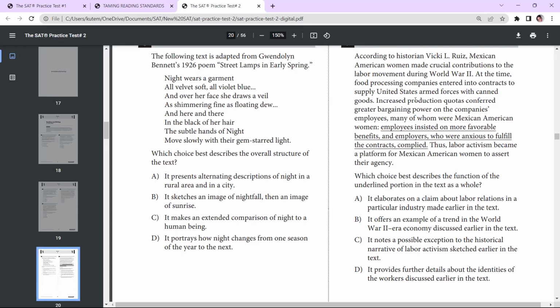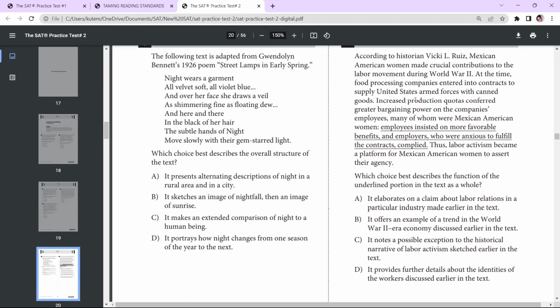Increased production quotas conferred greater bargaining power on the company's employees, many of whom were Mexican-American women. Employees insisted on more favorable benefits, and employers who were anxious to fulfill the contracts complied. Thus, labor activism became a platform for Mexican-American women to assert their agency.